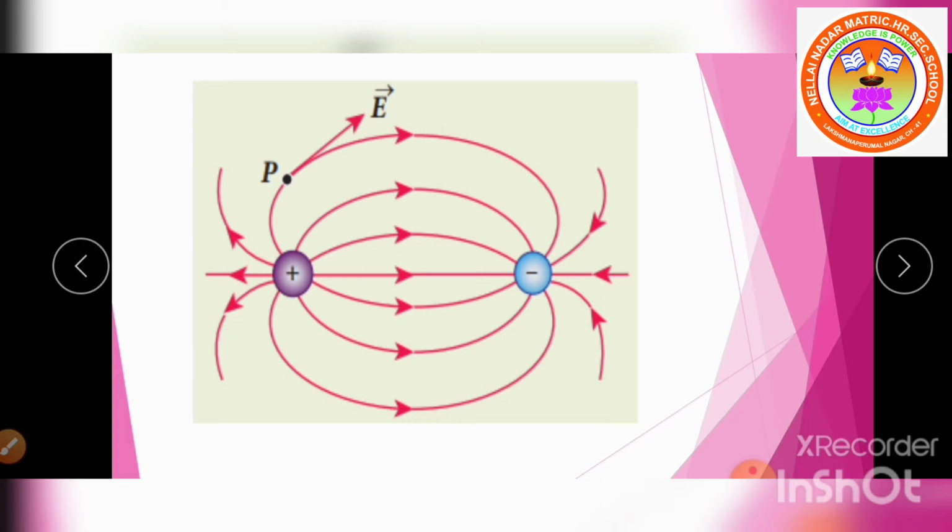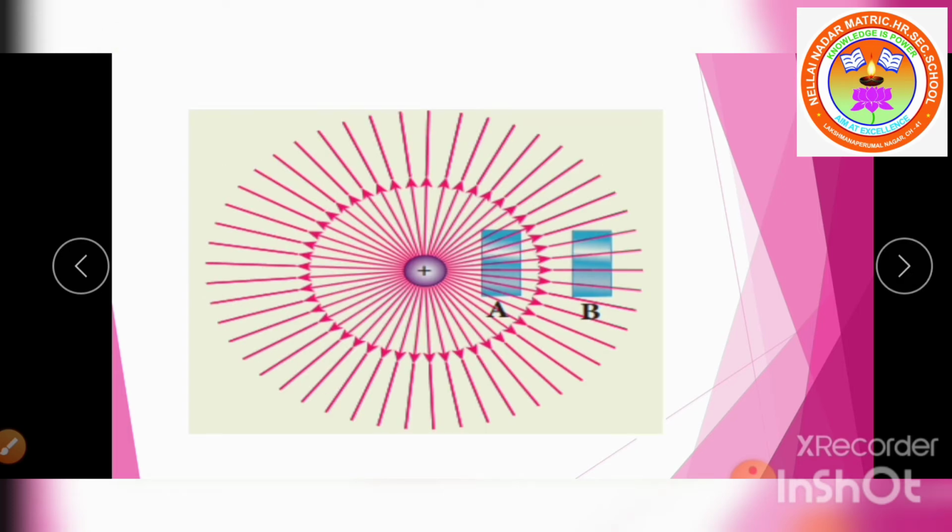Next, come to the third point. In the center, there is a positive charge. For a positive charge, the electric field lines move in an outward direction.